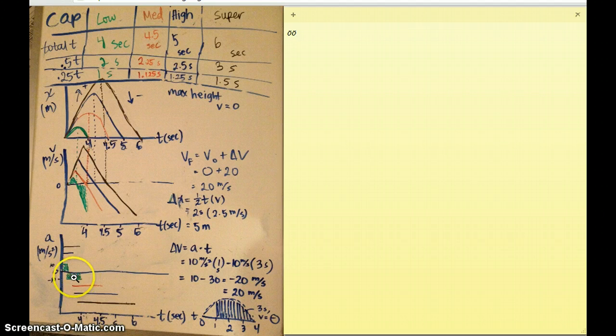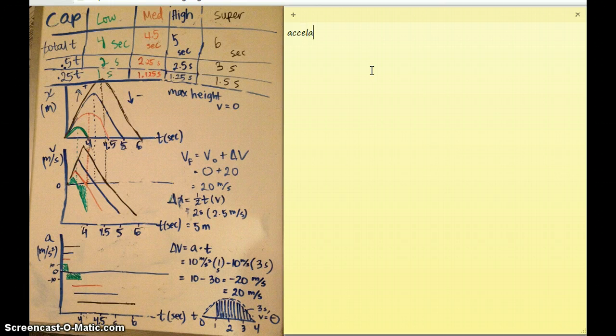And its acceleration times time. So 3 seconds times negative 10 meters per second squared. That would give you the change in velocity, which would be negative 30 meters per second. I'll just write that here.